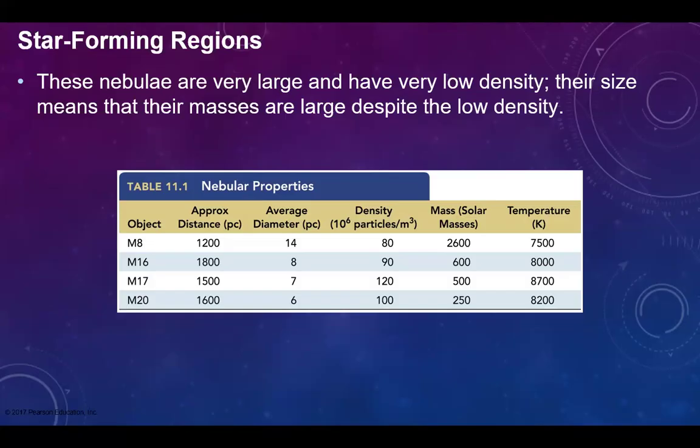And these are like 80 or 90 particles. So air would be about 10 to the 19 for these densities here. These are similar units, particles per cubic centimeter, doing some conversion.